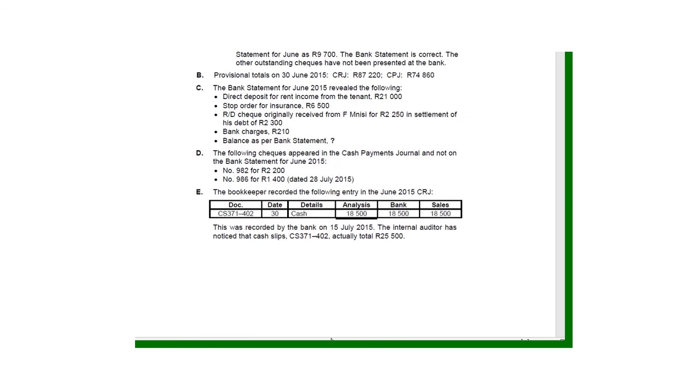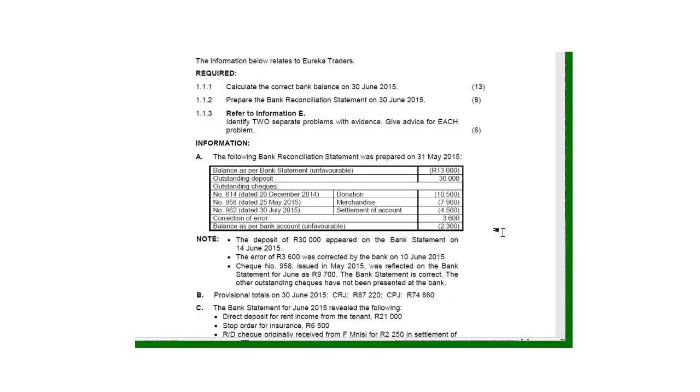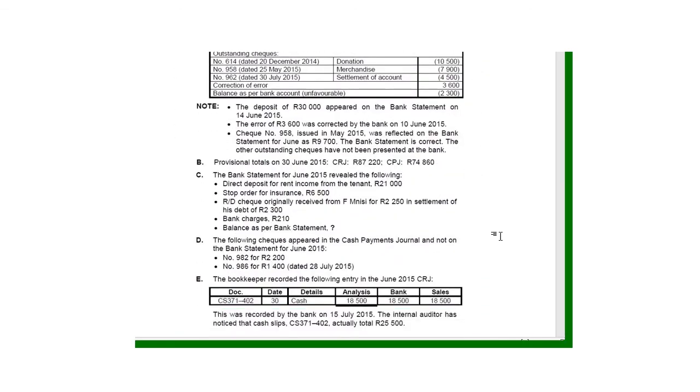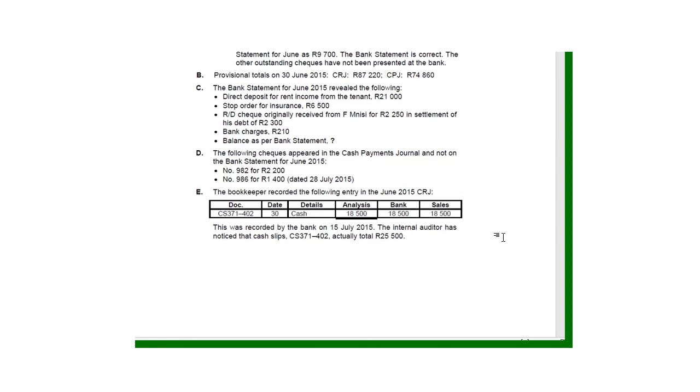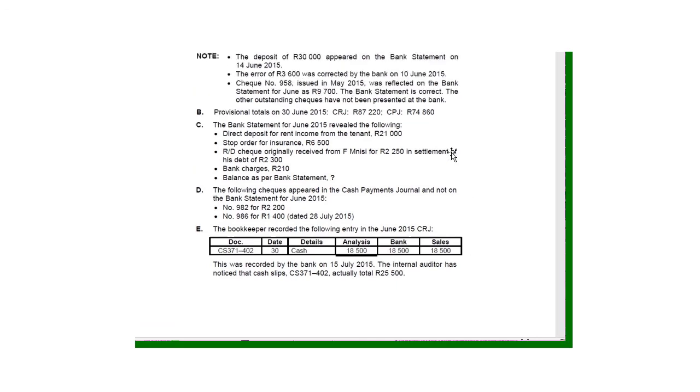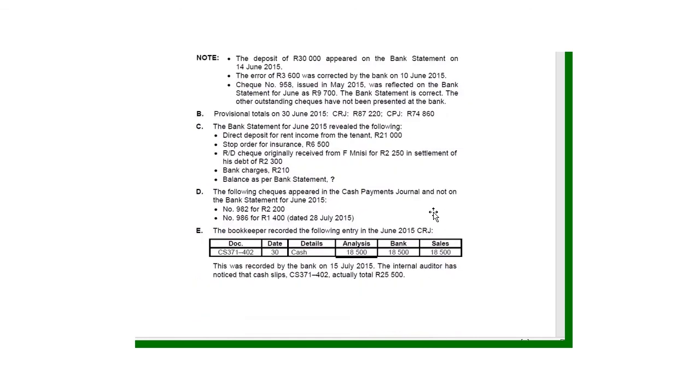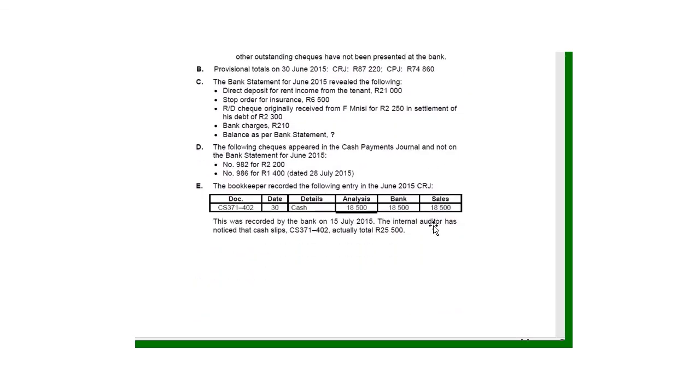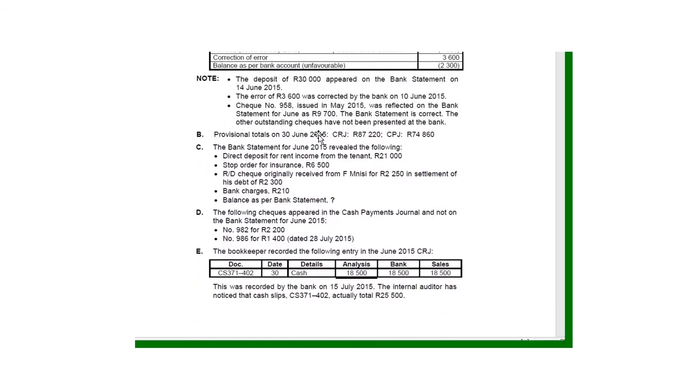You always get one like that where they steal money and they always want to at least know what the problem was and what advice or internal control can they put in place to stop it. So if you can remember this one, it should have worked for most of the questions. And do a couple of other bank recon questions and see if you can get it right. Good luck.